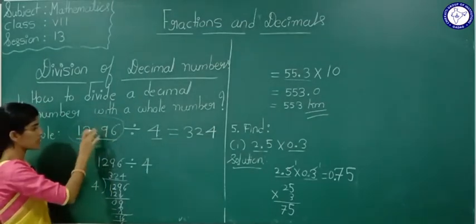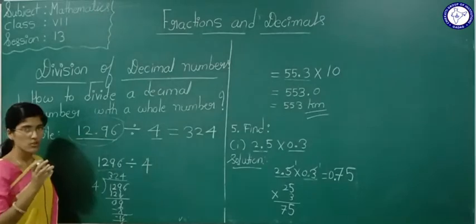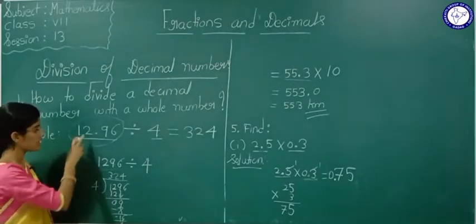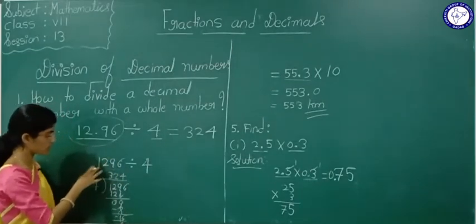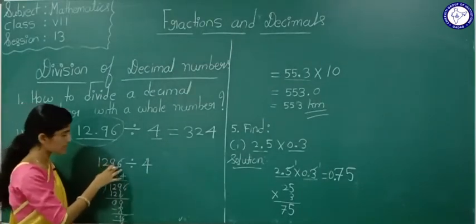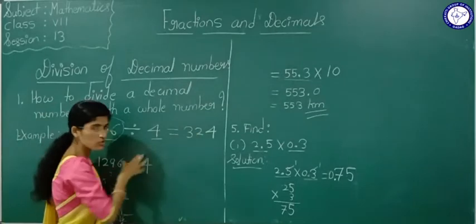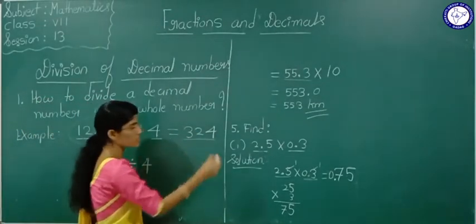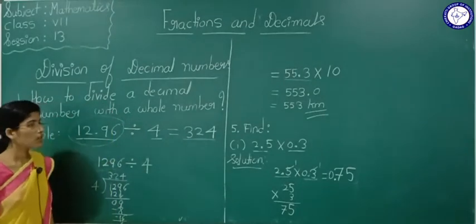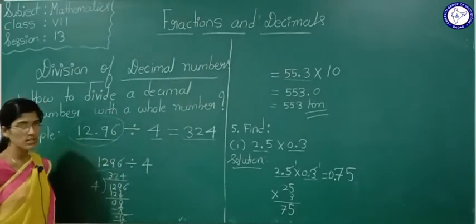Now this decimal number we took as a normal whole number, that is 1296 divided by 4. The same way you used to divide, you divide. What answer did you get? 324. Now how to give the decimal point?